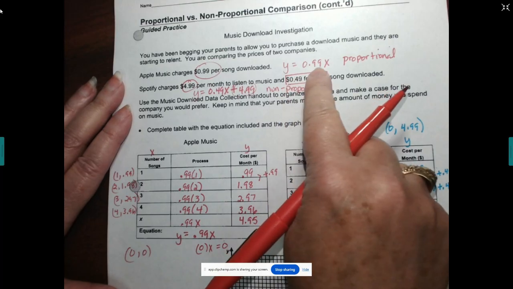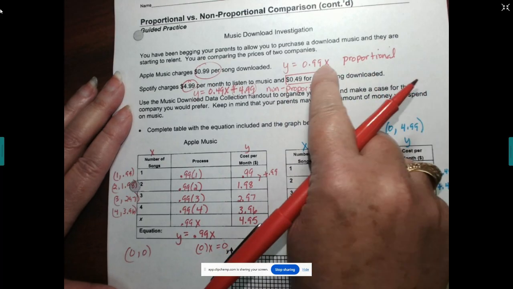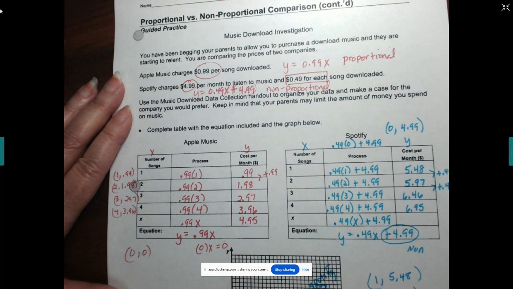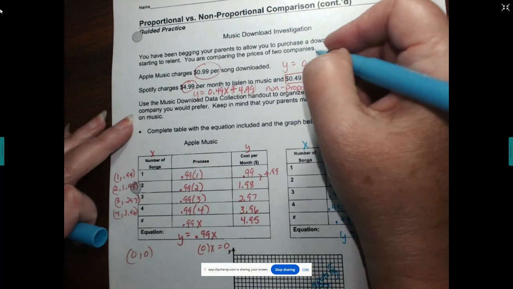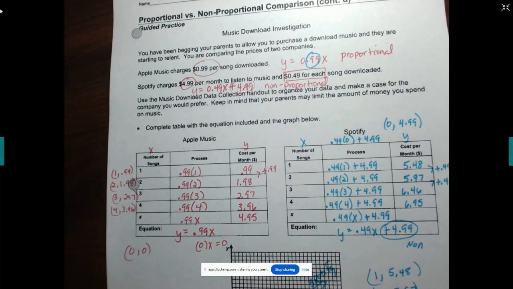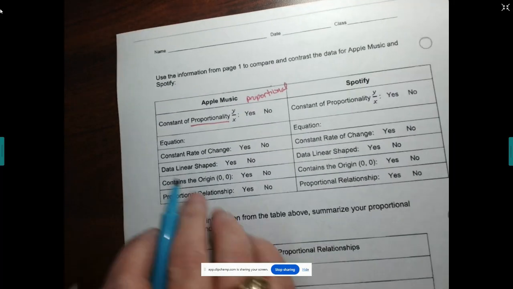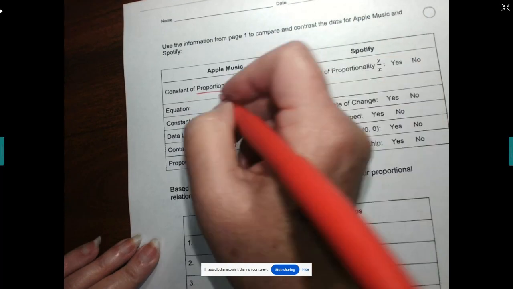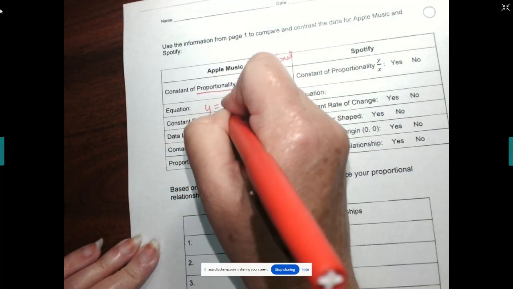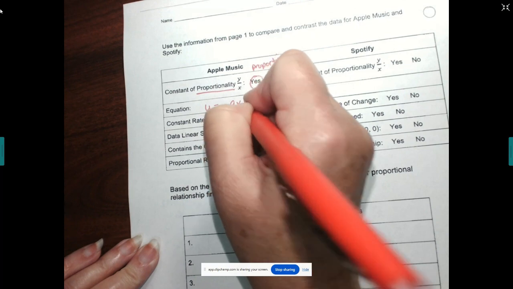We said this is our equation. It's proportional. It does have a constant of proportionality. That is this number right here. So we're going to say, yes, it does have a constant of proportionality. We already determined our equation was this.